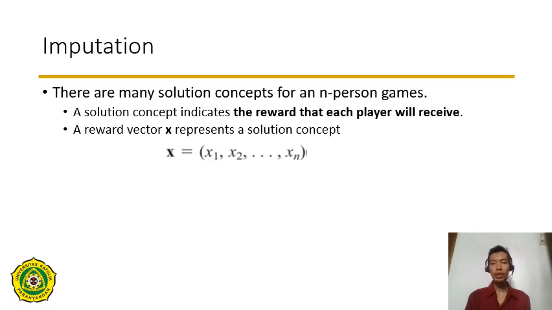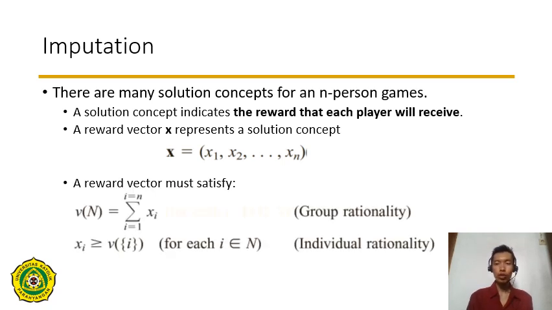We may represent the solution concept as a reward vector x. So x1 is the amount that player 1 receives, x2 is the amount that player 2 receives, and so on up to xn.